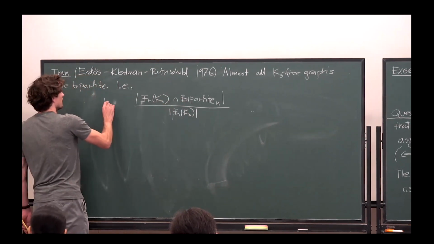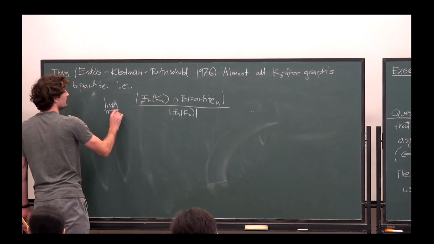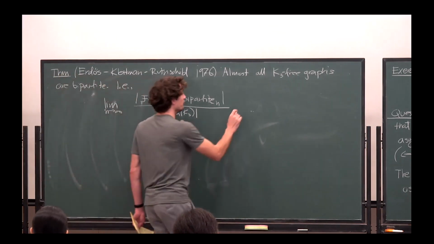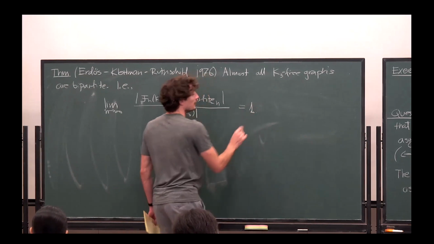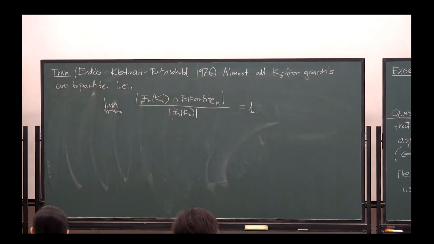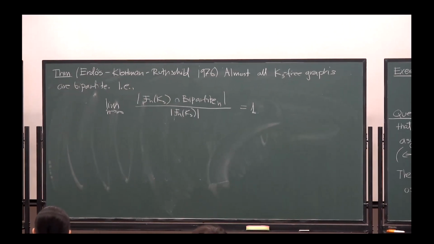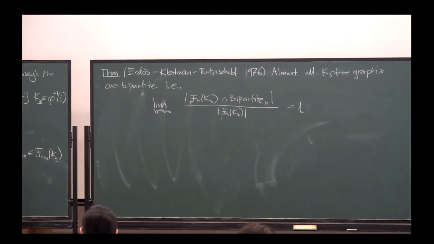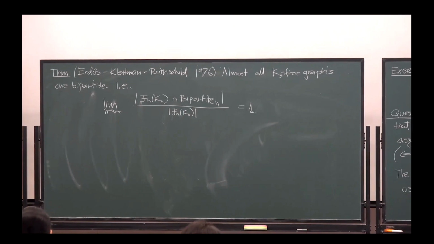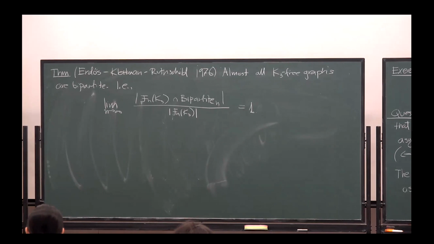Now, the limit of this probability as n tends to infinity is equal to 1. So this is precisely what they mean by almost all triangle-free graphs are bipartite: the proportion of bipartite graphs among all triangle-free graphs with the given number of vertices tends to 1 as the number of vertices tends to infinity.